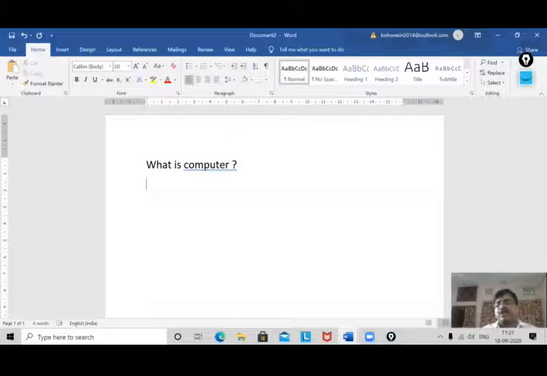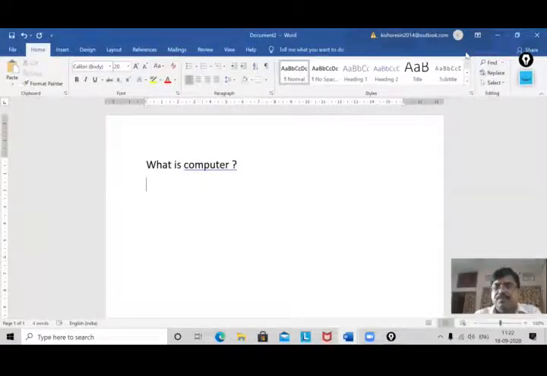So what is a computer? A computer is an electronic device which converts raw data into meaningful information.